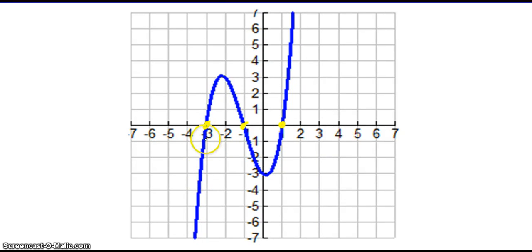If the derivative is negative, so if I look right here, the actual values of the derivative are negative. If the derivative is negative, what does that tell me about the function? Well, that tells me that it is decreasing. If the derivative is positive, what does that tell me about the function? It tells me the function is increasing.